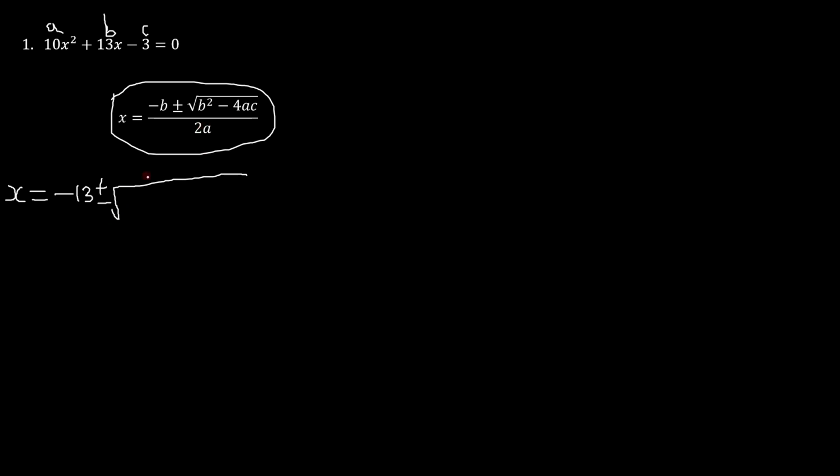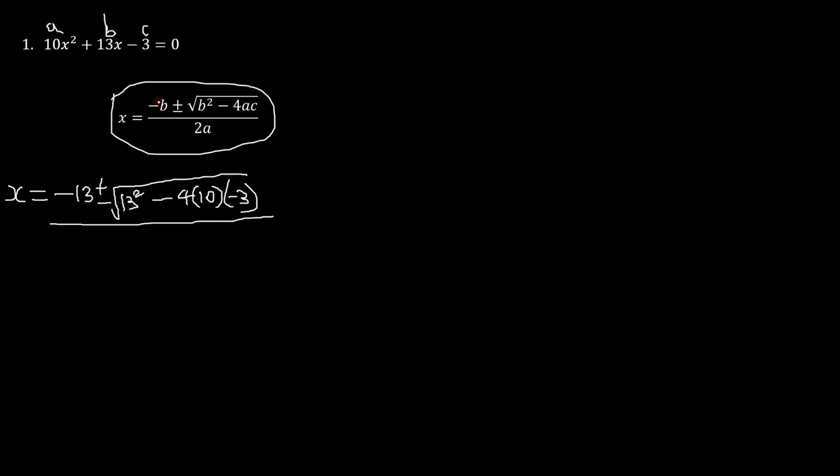B squared, so 13 squared, minus 4ac. And a is what? A is 10, so we're going to write 10 in the bracket. Then c is minus 3, I'm going to write it also in the bracket. So minus 3, all over 2a.